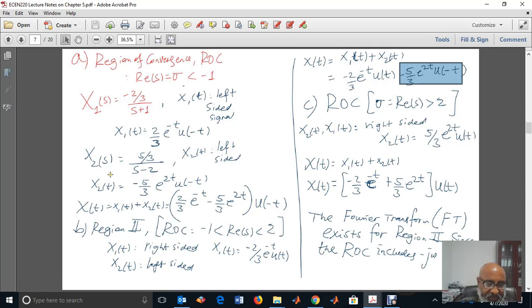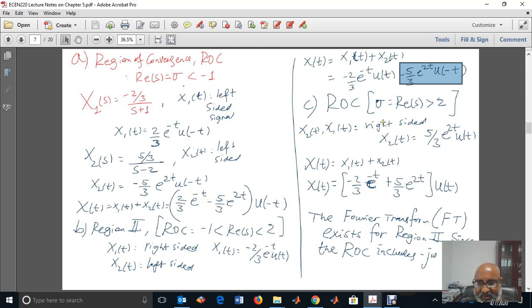By the way, the first case is 2/3 raised to minus t. When t goes to negative infinity, because of minus t, this will be exponentially growing, and the second is decaying. So overall, it is a growing signal. That means the Fourier transform does not exist.